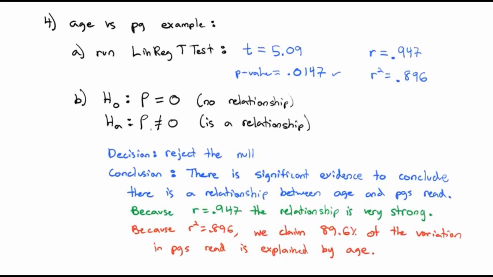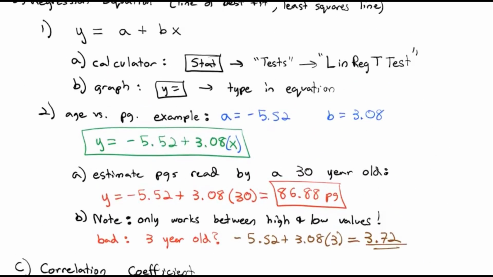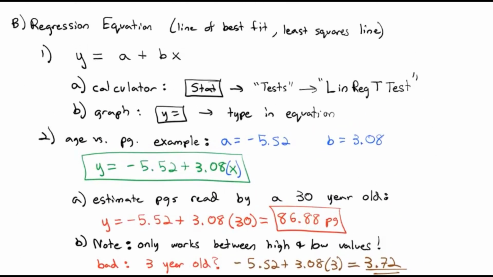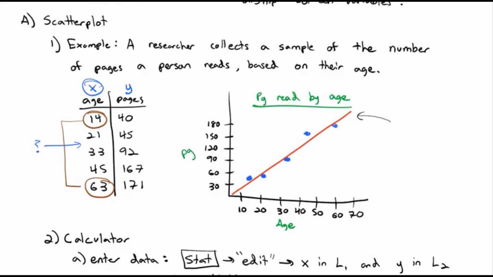So that's what we're looking at today, determining, is there a relationship? If there is a relationship, what that relationship is based on the equation y equals a plus bx, and also drawing the scatter plot so we can get a visual to see that relationship. We'll look forward to seeing you in class so we can look at these scatter plots, linear regression, and correlation a bit further.